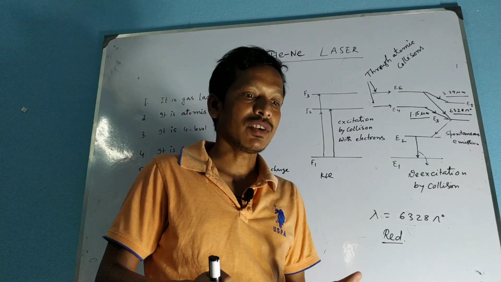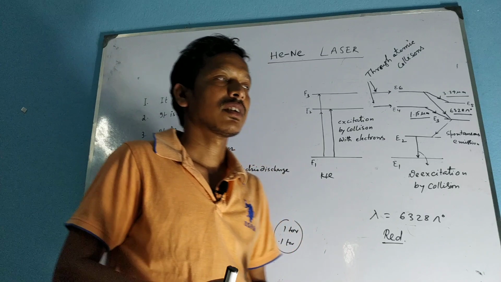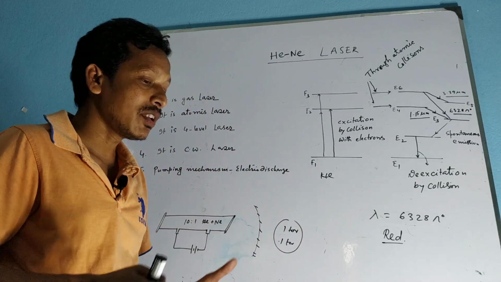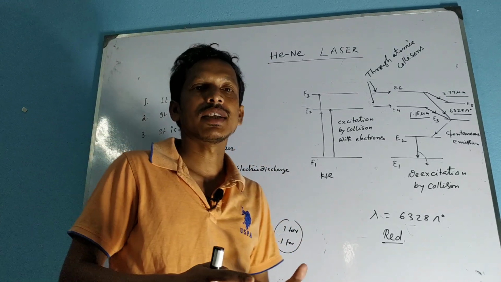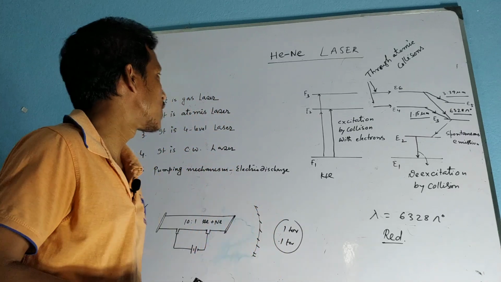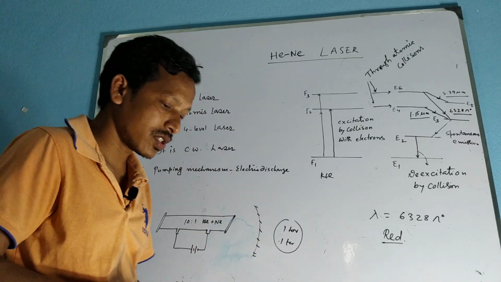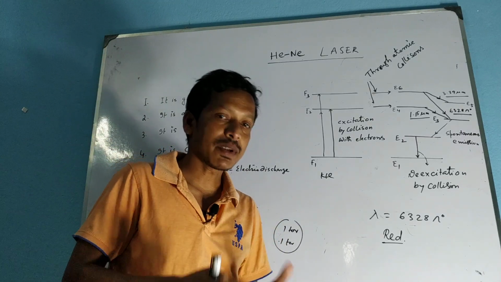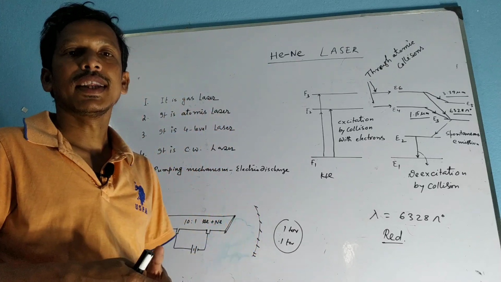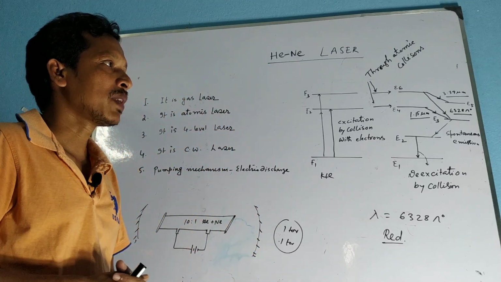Helium neon laser is a gas laser because helium neon gas is used as the active medium. It is an atomic laser because the energy levels of the neon atoms are used for the lasing action, so it is called the atomic laser.